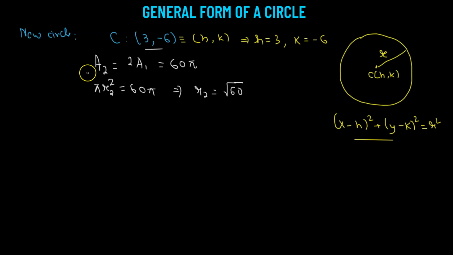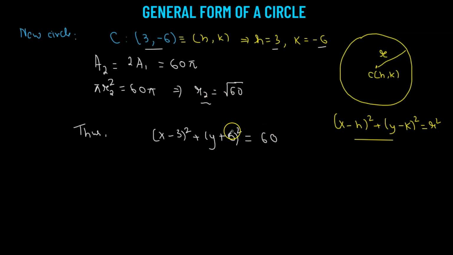We'll substitute this into the equation. Thus we get x minus h, that means x minus 3 whole squared, plus y minus k, but k is negative 6, so we have y plus 6 whole squared, and this is going to be equal to the radius squared, so that's simply 60.